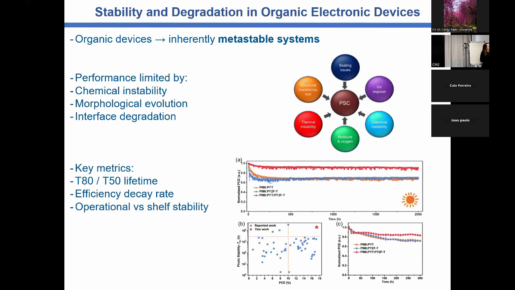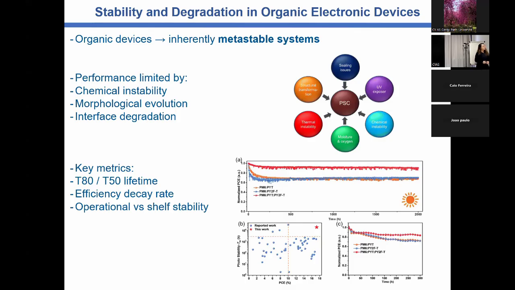So organic devices, they have this metastable system because of this amorphous morphology. So they have the nice characteristics because of the flexibility and also the low energy consumption due to these amorphous structures of the material.